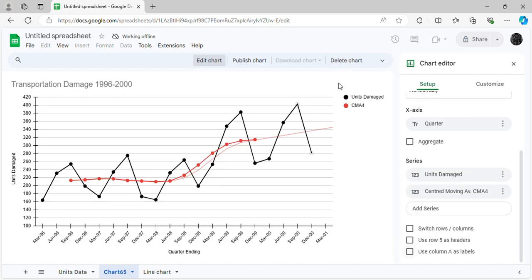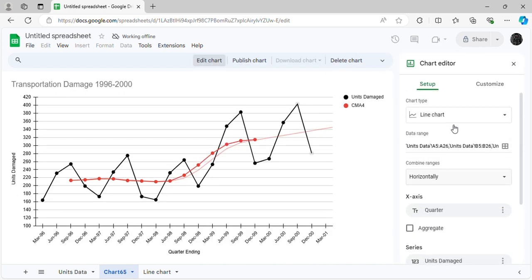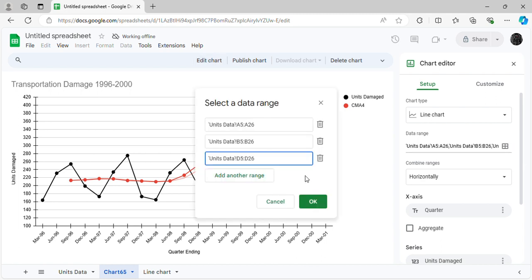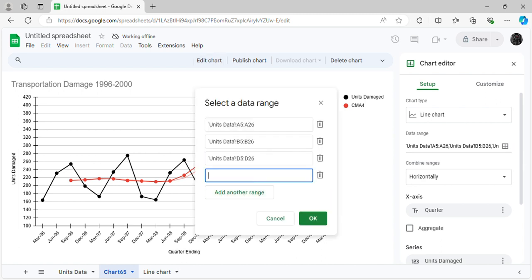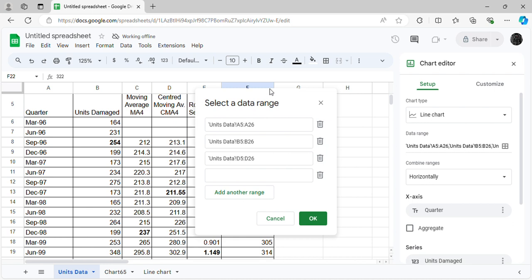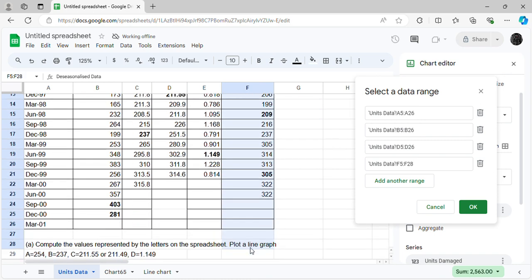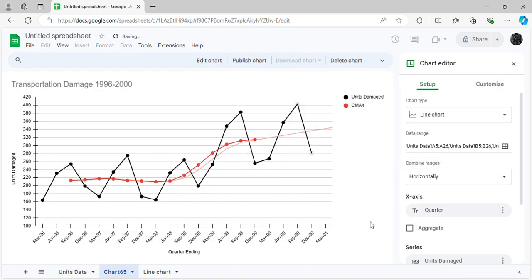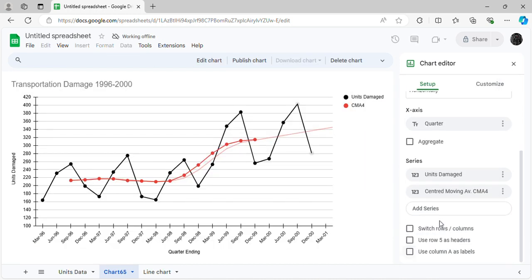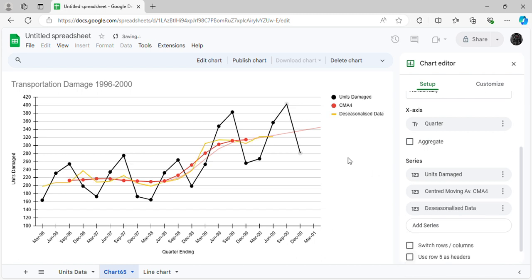So edit the chart, and for the data range, add another range, and that range will be deseasonalized data. Click on OK. And for the series, click on Add Series, click on Deseasonalized Data.